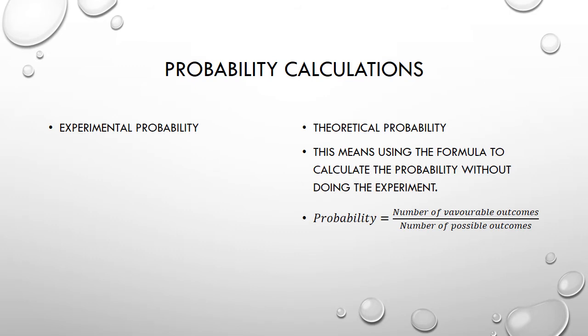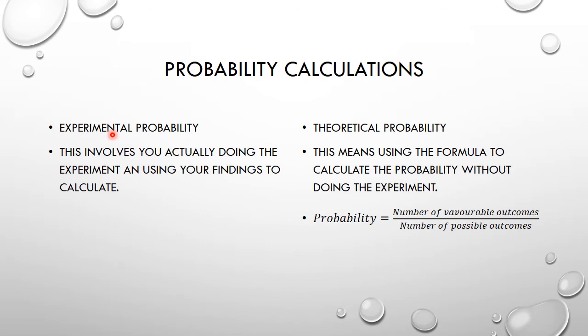If we calculate probability, there's two ways of doing this. We can either do an experimental probability or a theoretical probability. Theoretical probability means using a formula to calculate the probability without doing the experiment. So without is the important word here. The theoretical probability is the number of favorable outcomes divided by the total number of possible outcomes.